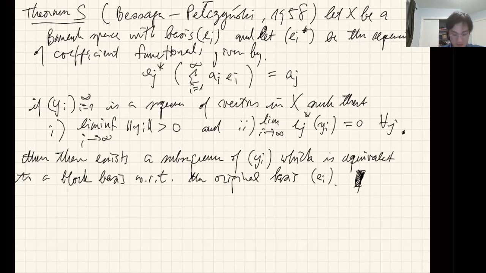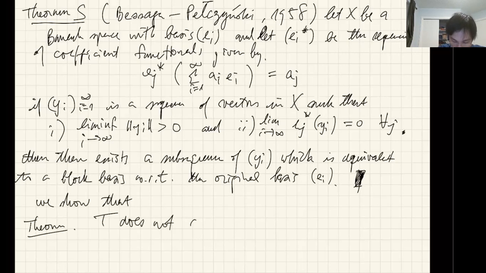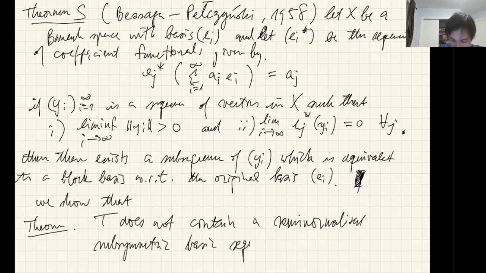Okay, so now we show that. So the theorem: T does not contain a semi-normalized subsymmetric basic sequence. Semi-normalized means that there's an m such that all the norms are between 1 over m and m, and subsymmetric means it's equivalent to all of its subsequences.